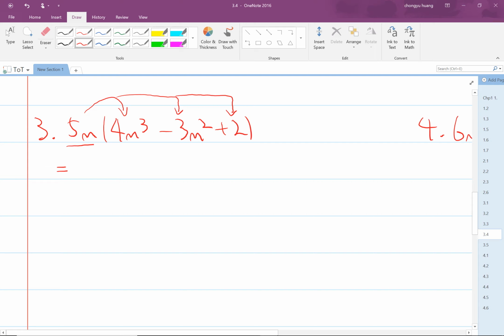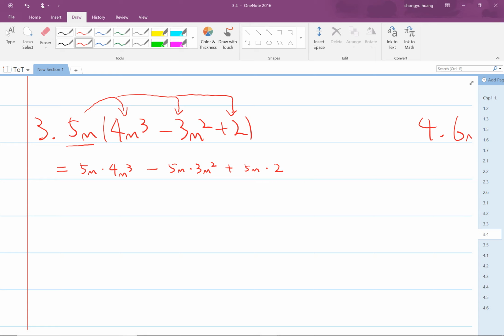Okay, so we have 5m multiply 4 to the power 3, and then we have a negative 5m multiply 3 to the power 2, and then we have a plus 5m multiply 2, right?